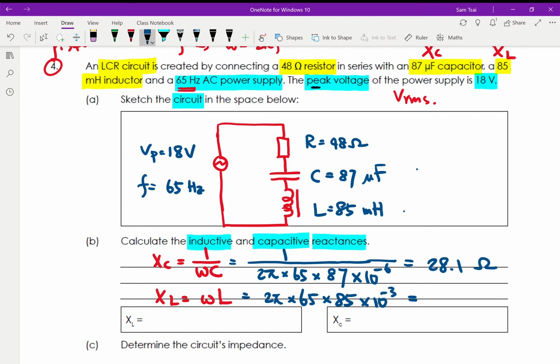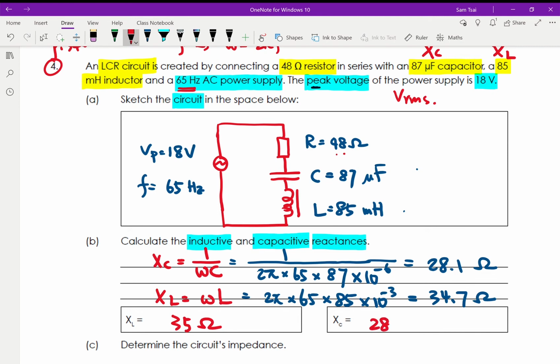The answer is 34.7 ohms. Write the answer in the box. XL is rounded to 35 because we only have two significant figures here.